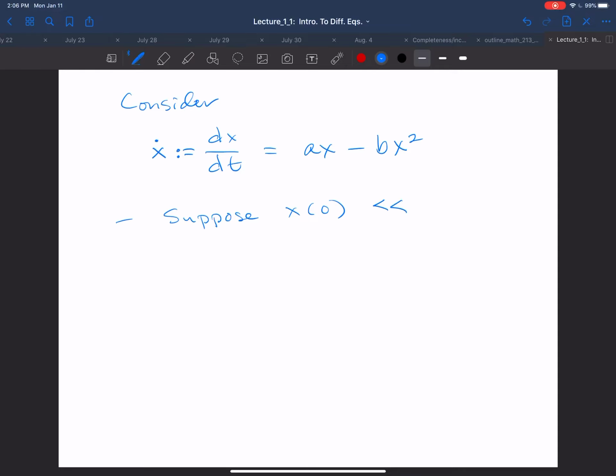We want this second term to be small in relation to the first. In other words, we want bx squared to be small compared to ax, or we could say we want bx to be small in comparison to a. So let's say then that x is much smaller than a over b. So at time 0, x is much smaller than a over b.